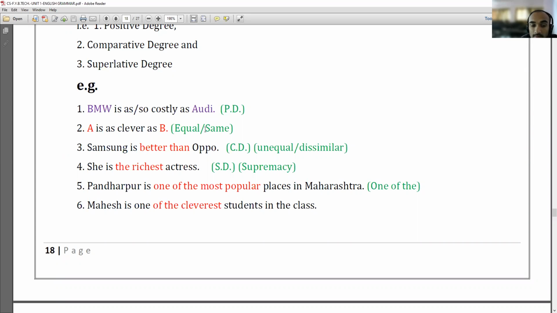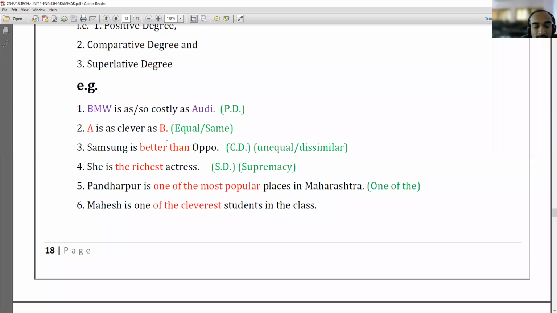So let's understand that when we are comparing two equal things, जेव्हा आपण दोन समान व्यक्तींची किंवा वस्तूंची कंपॅरिझन करतो त्यावेळी आपण पॉझिटिव्ह फॉर्म वापरतो. डिग्रीचा कुठला फॉर्म वापरतो? पॉझिटिव्ह फॉर्म वापरतो. A is as clever as B. A B इतकाच हुशार आहे. So for comparing two similar things or two similar persons, we are using positive form.